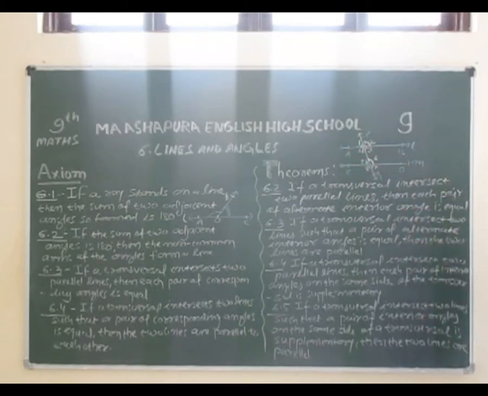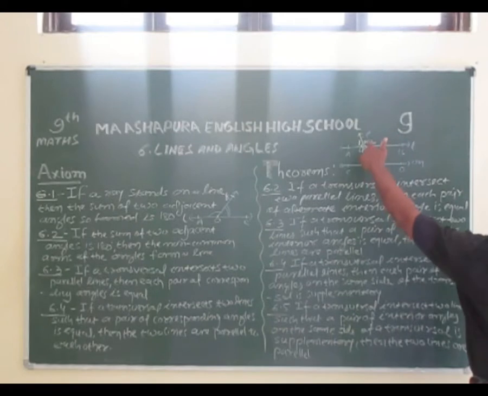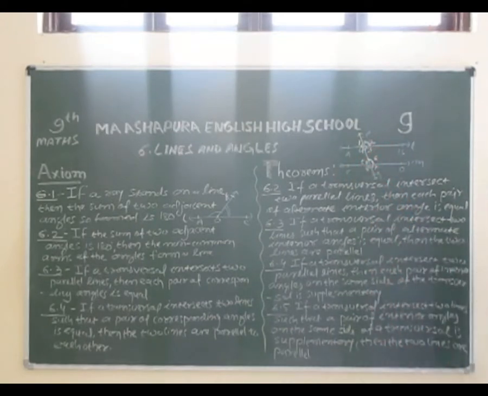The second pair of alternate interior angles is angle 3 and angle 5. So here the two pairs of alternate interior angles are angles 3 and 5, and angles 4 and 6. In this case, angle 3 is equal to angle 5 and angle 4 is equal to angle 6.